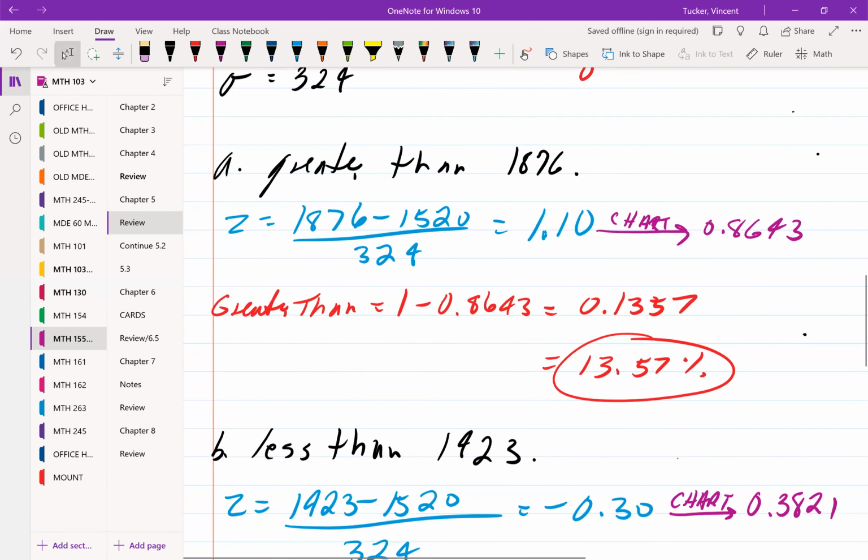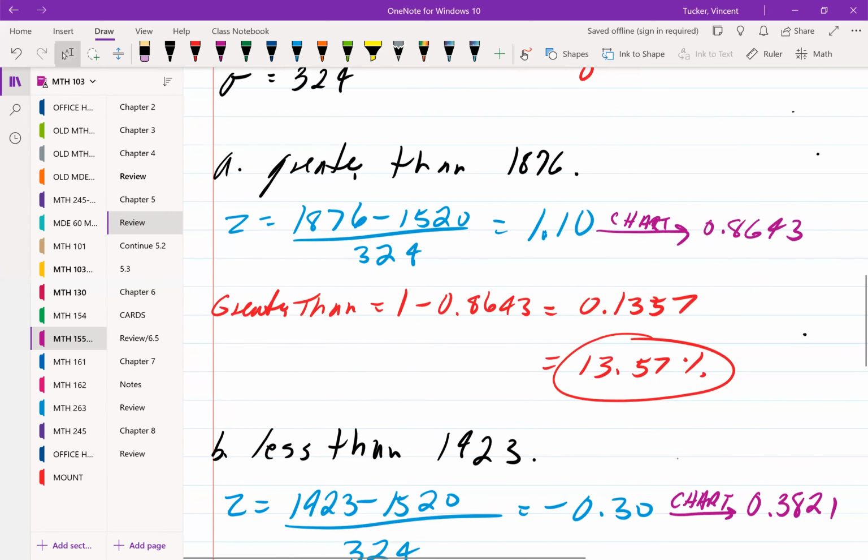So the next scenario is less than. Follow the same Z-score formula. This time we're taking 1423 and subtracting 1520 and then dividing by 324. So we just have a different x value in question, but the mean stays the same and the standard deviation is still the same, because we haven't changed problems. So that gives me negative 0.30.